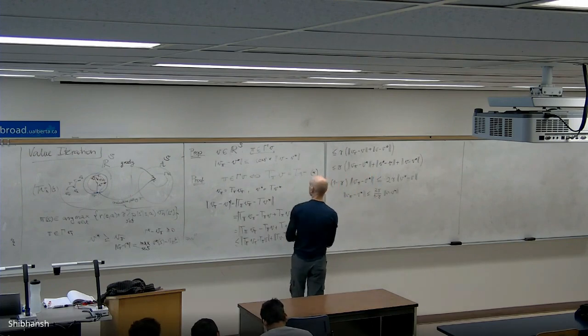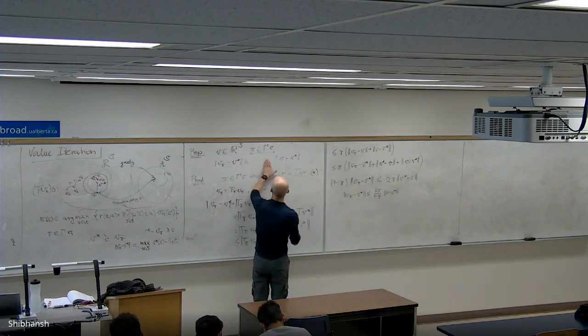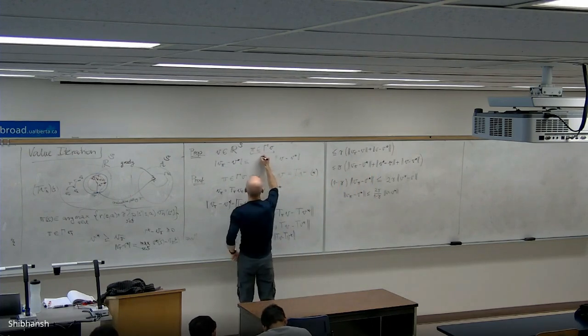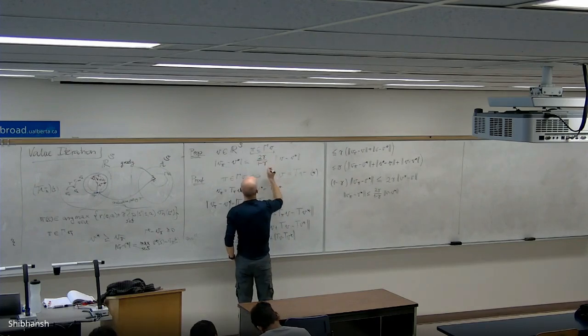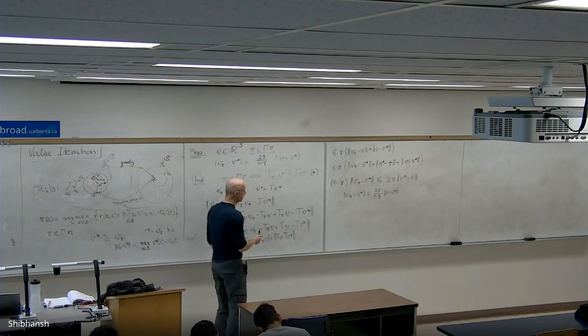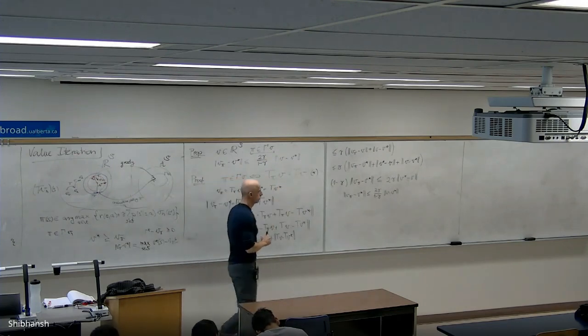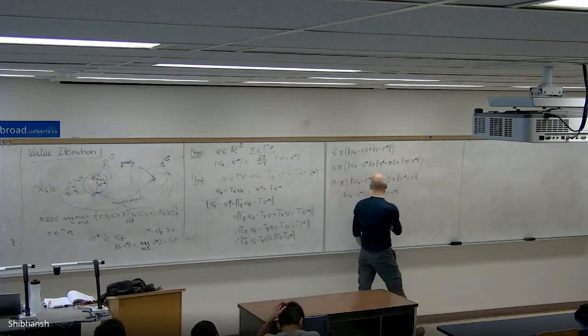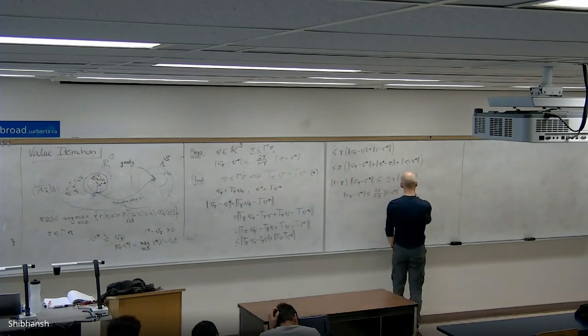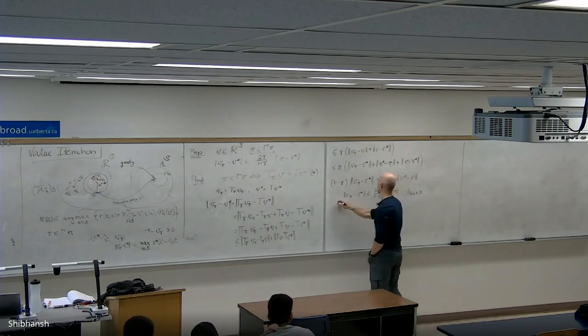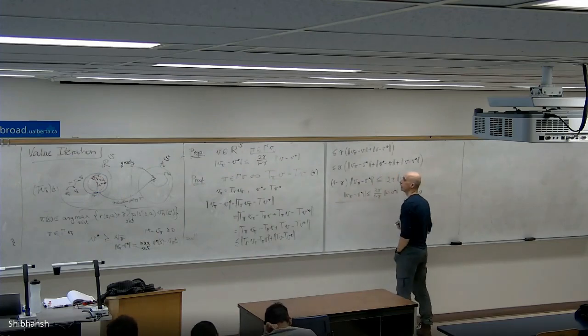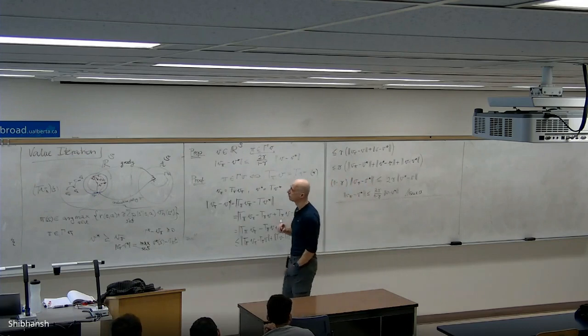Right, and so this is the result that we were after. Two gamma over 1 minus gamma is the constant. That should have been here.